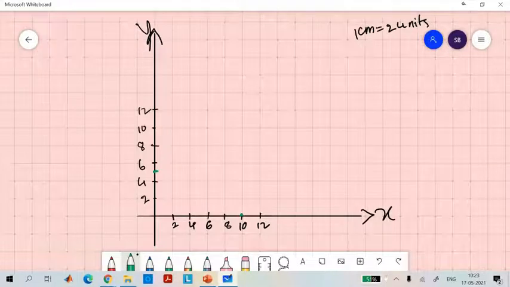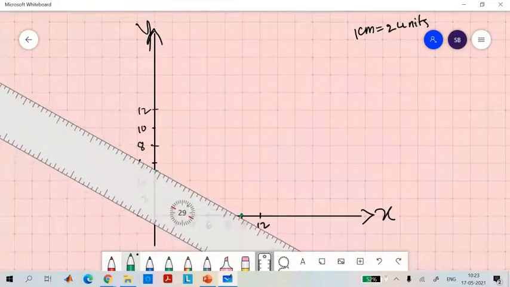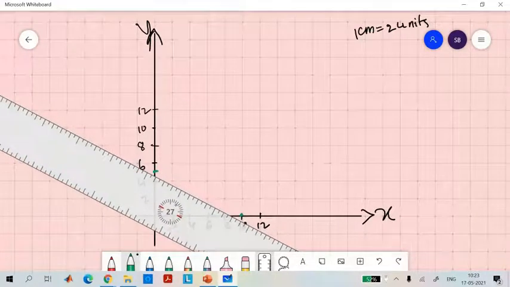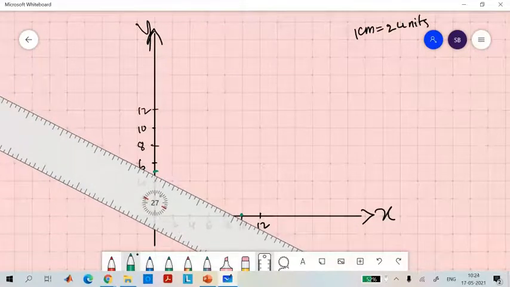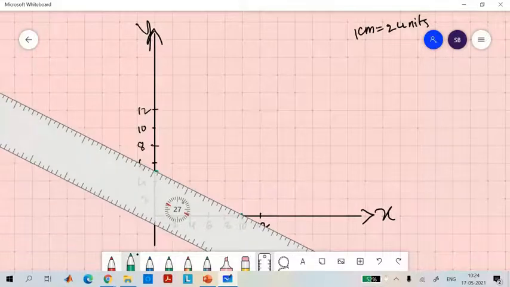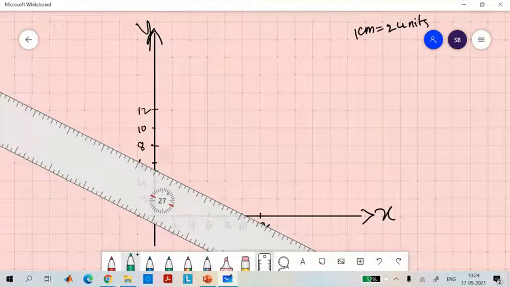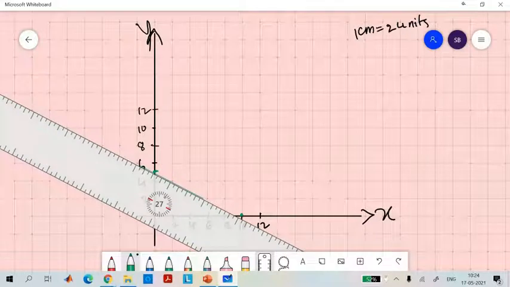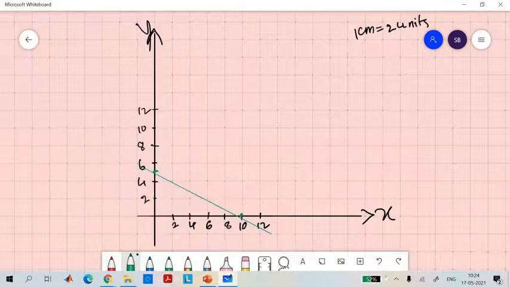Now we need to draw the line from 5 to 10. This is the first line I have drawn.